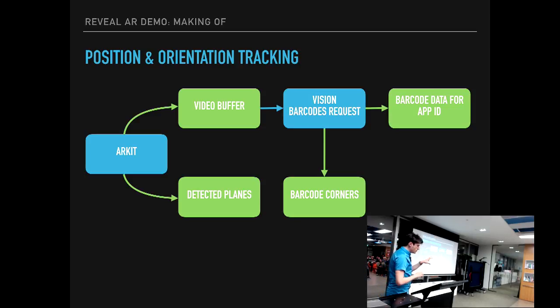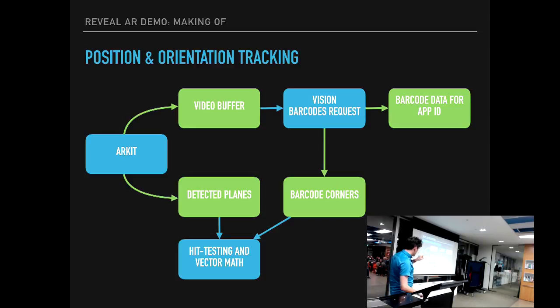Using those corners in the image coordinate system, we can put them and the detected planes through hit testing and some vector math. So we can perform hit testing through those image coordinates into the AR world, find horizontal planes, and assume that the device will be on one of those horizontal planes, because magic, right?